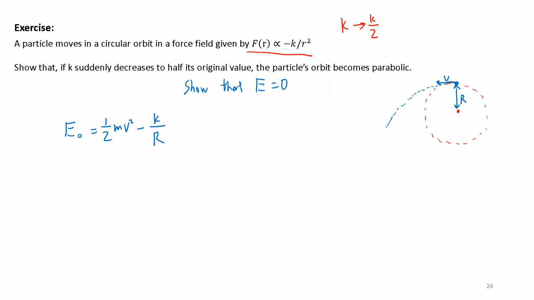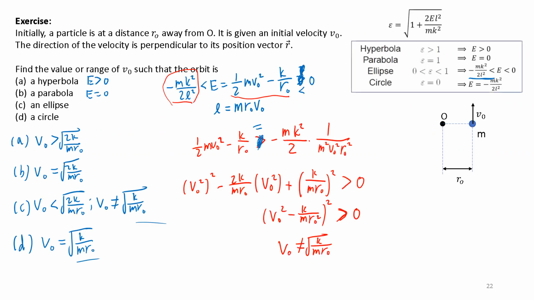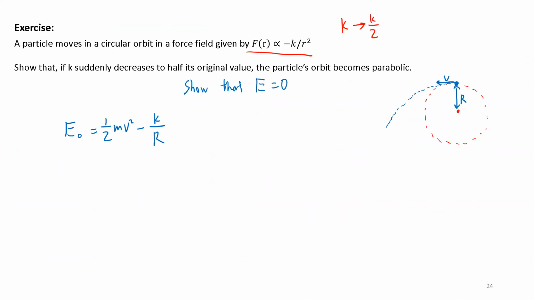And if I give you some v, what is the value of R? It cannot be arbitrary, because to sustain the circular orbit, you can either make use of this result over here, which tells me that this v has to be equal to the square root of k divided by mR, or you can go back and make use of something that you have learned before.